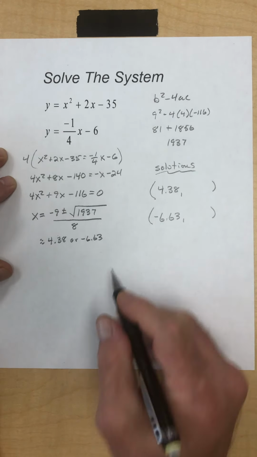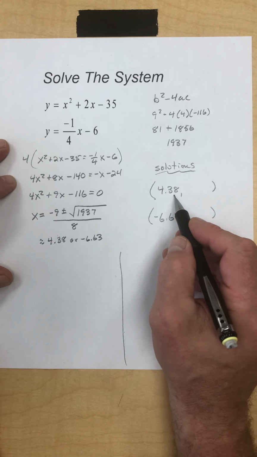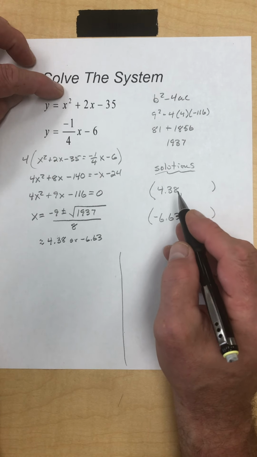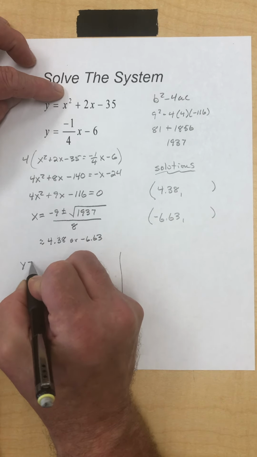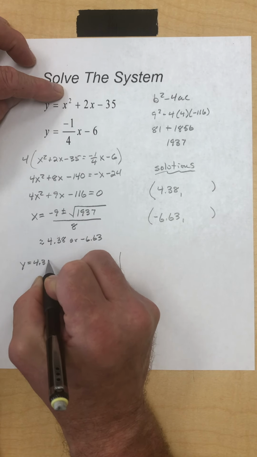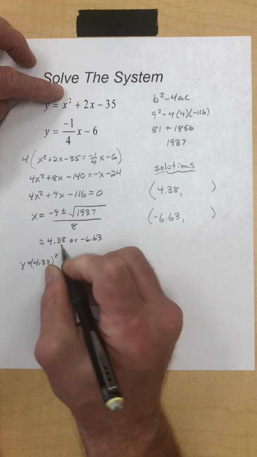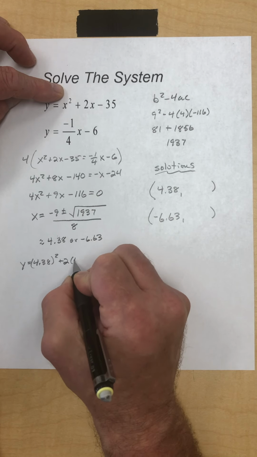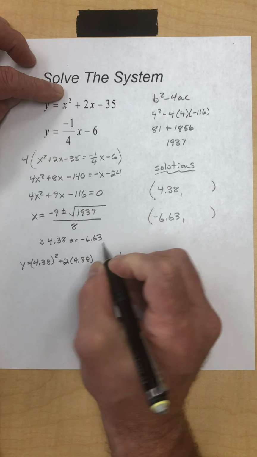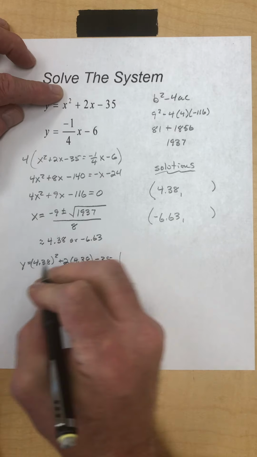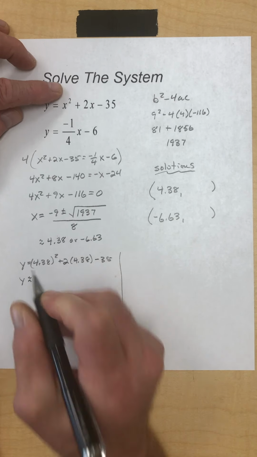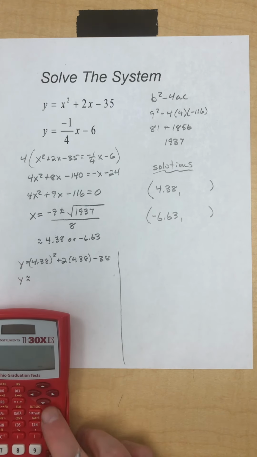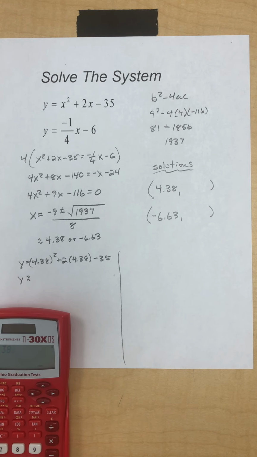And obviously I want to check those. So let's check the 4.38. So let's put this in here. So we get y equals 4.38 squared plus 2 times 4.38 minus 35. And let's see what we get. And obviously it's going to be rounded off here. Okay, so let's see. 4.38 squared plus 2 times 4.38 minus 35.